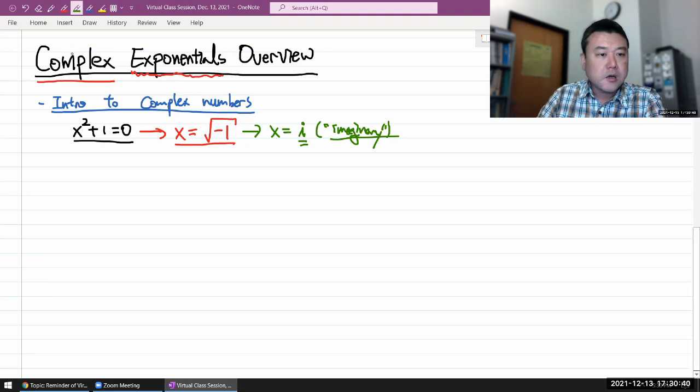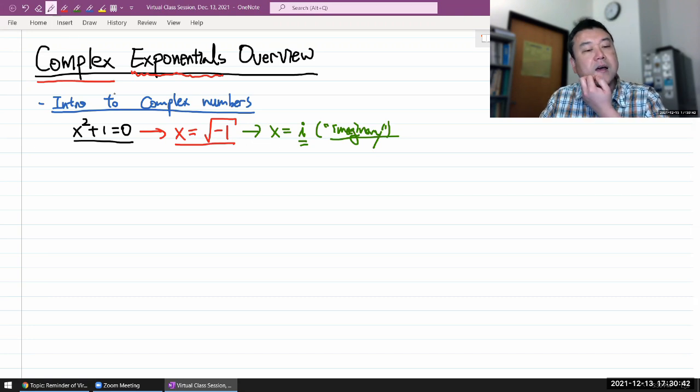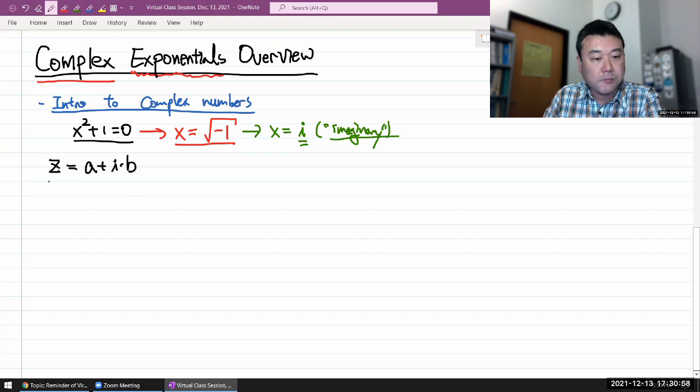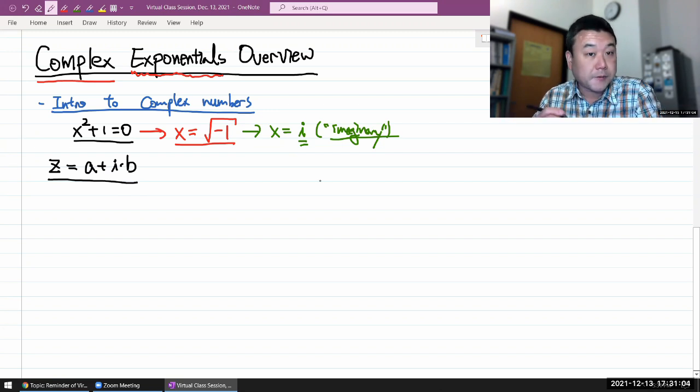You will have seen this representation of a complex number. A complex number z can be expressed as a real part added to the imaginary number i times the imaginary part. This would be one very natural way to express a complex number.